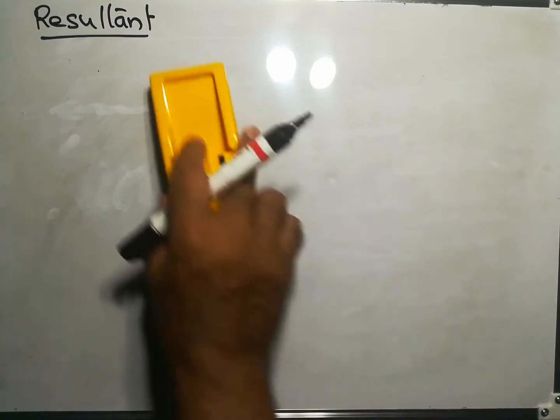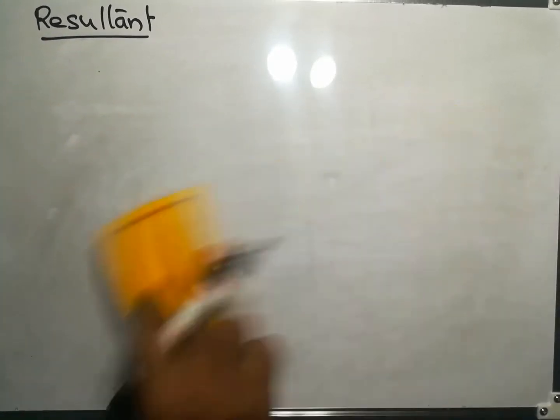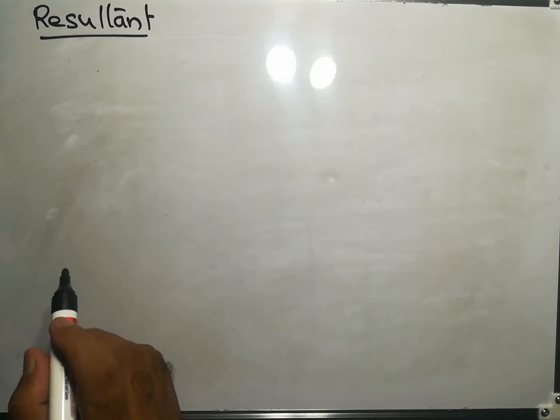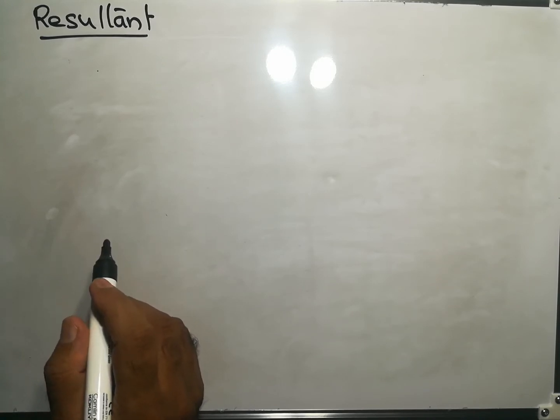Now let us see how to find out the resultant of many forces, say for example some coplanar forces. As an example, let us consider a regular hexagon on which a number of forces are acting.